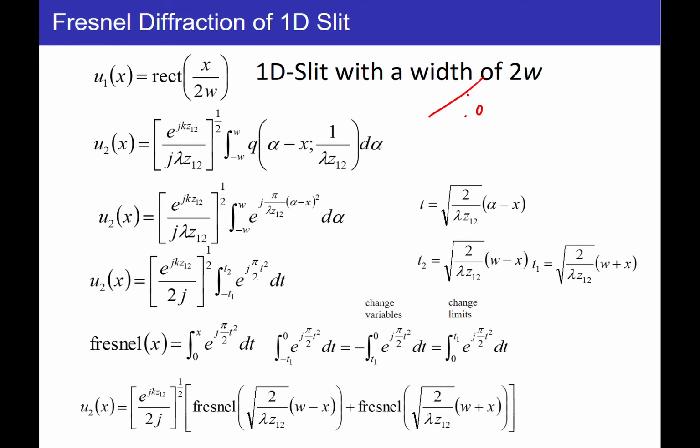So origin, horizontal axis. Okay, if that's the case, we note that by the definition of the rectangular function, within this aperture it is assigned as 1, but outside the aperture everything is 0, so that the integral is confined only to minus w to w.